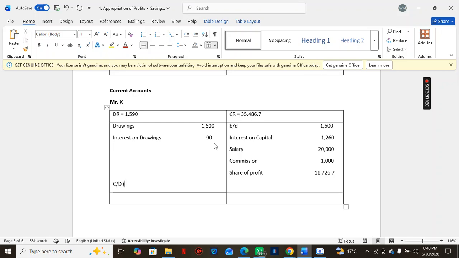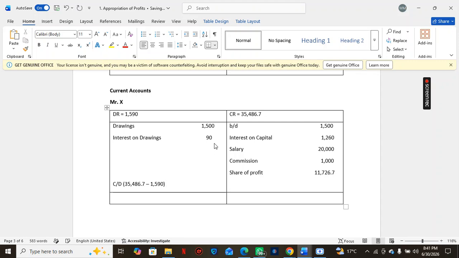So for the balance carried down, you're going to say 35,486.7 minus 1,590.